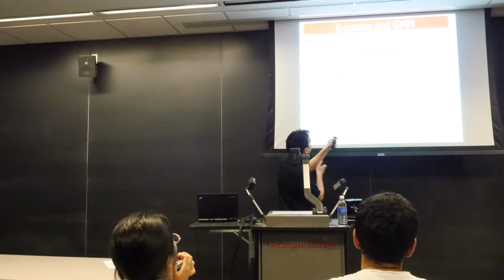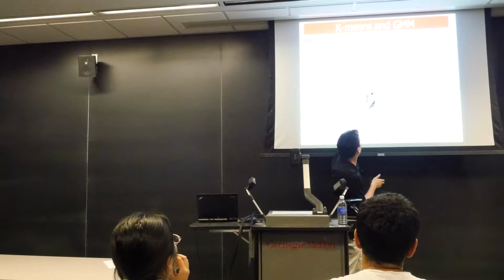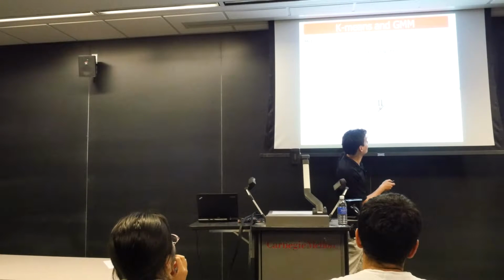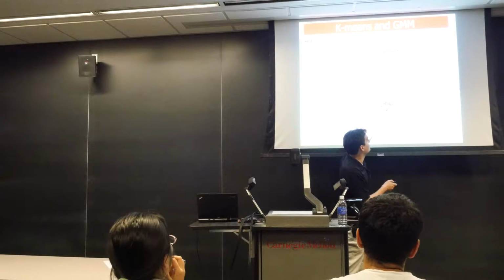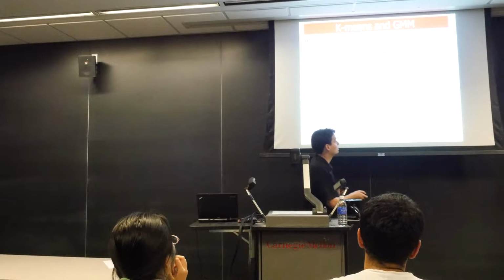So again, I just copied this quantity here. The pi i is again just the probability that instance j belongs to class i.